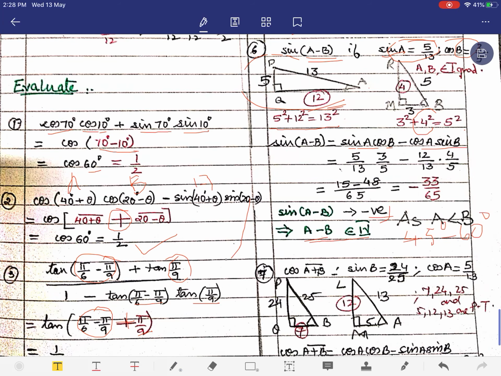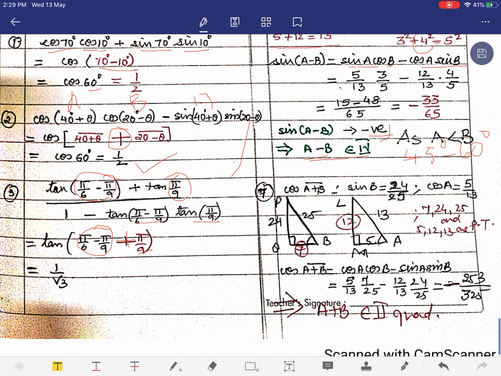Now, another question, cos of A plus B, with the information that sin B is 24 upon 25 and cos A is 5 upon 13. Similar construction of the right angle triangles. The third side, we are aware of because of the Pythagorean triplets that we have, and then using the formula cos A plus B is cos A cos B minus sin A sin B. So, this value comes out to be minus of 253 upon 325.